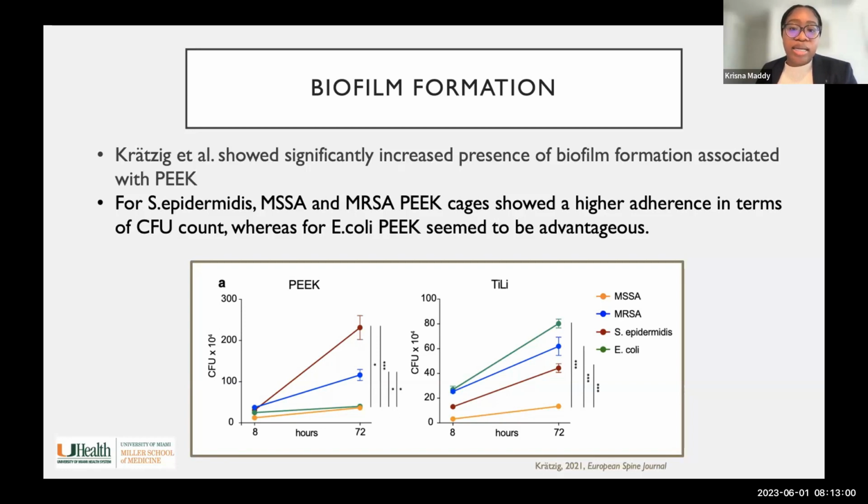They reported that PEEK is going to be more susceptible to some of our staph species, including Staph epidermidis, MRSA, and MSSA, and they found that titanium is going to be more susceptible to biofilm formation with E. coli organisms. Understanding that these different cage material types can be associated with more susceptibility to biofilm formation with certain particular organisms is helpful given that all of these patients get cultures. And so understanding what bug they have and which material type might be more beneficial to them post-operatively for their improved outcomes is going to be vital.